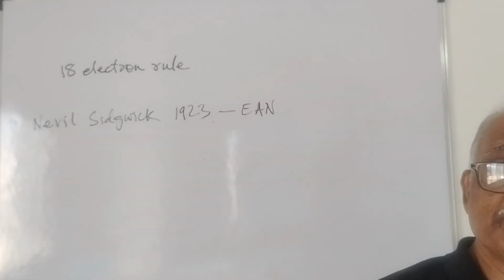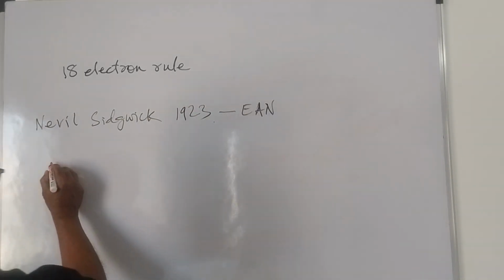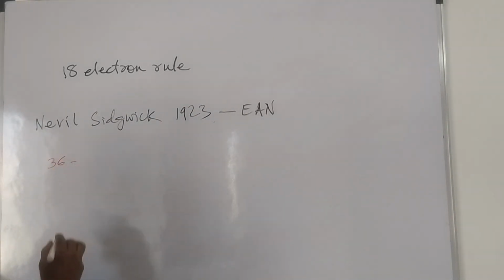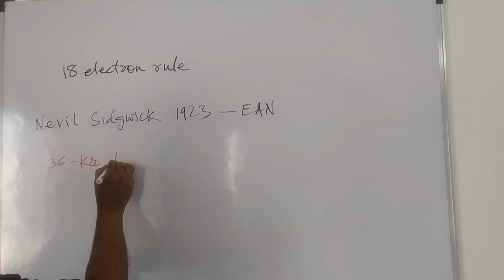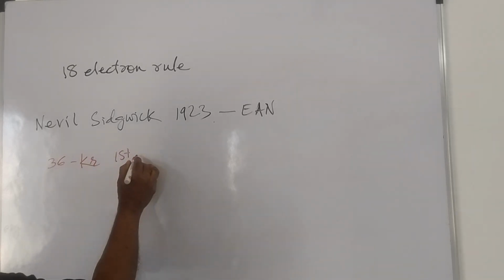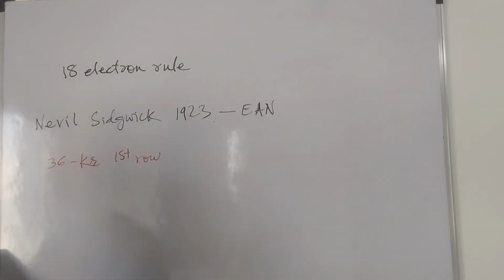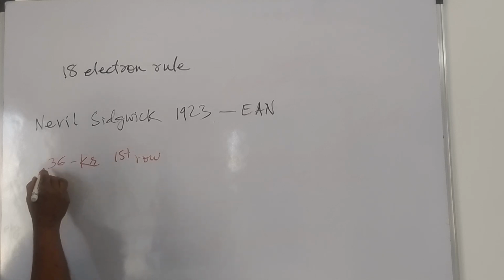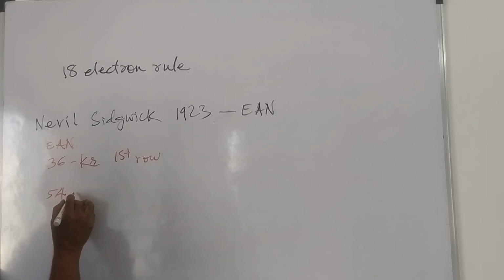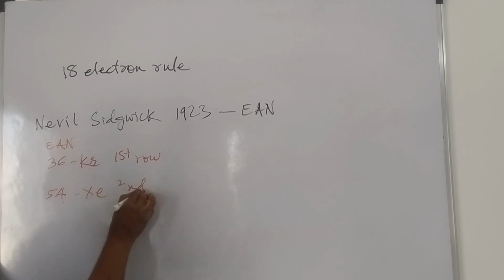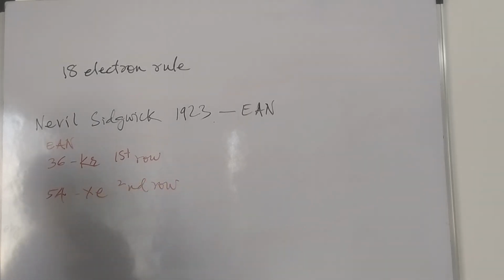If it comes closer to 36, the inert gas is krypton, and this is the first row of transition elements. Similarly, if the element is from the second row, the effective atomic number approaches 54, our inert gas xenon.